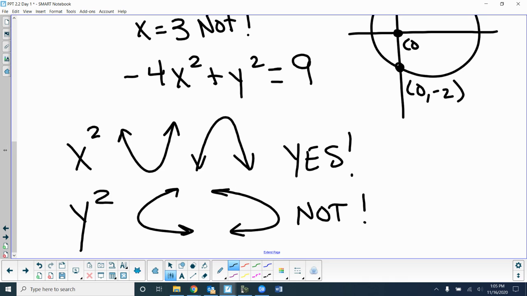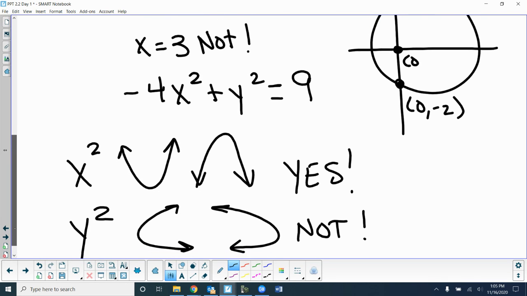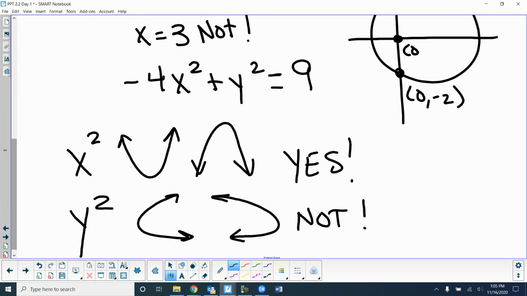So if both are squared or the y is squared, it's not a function. If x is squared, it is a function. If it's just x and y, it's a function. If it's just y equals a number, it's a function. If it's just x equals a number, it's not a function. I'm just trying to give you all the examples that you might see. I don't think we'll get anything higher than an x or y squared. Not cubes yet or anything.